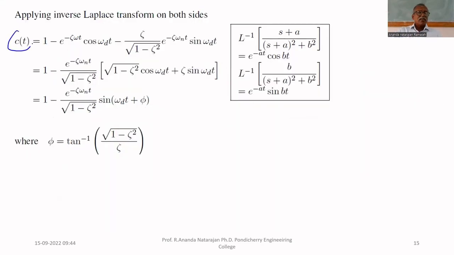So the response c of t, or y of t, equals 1 minus, instead of s we are having s plus b, that's why e power minus zeta omega nt, cos omega dt minus zeta upon square root of 1 minus zeta square, e power minus zeta omega nt, sin omega dt.